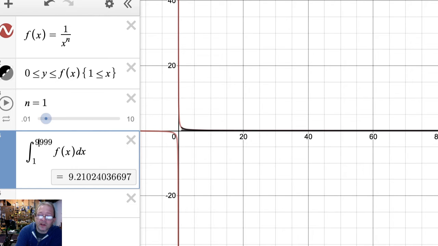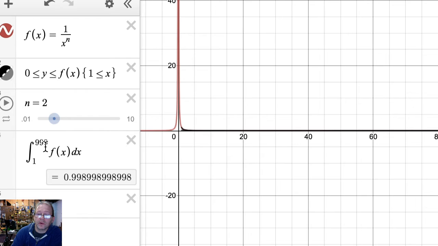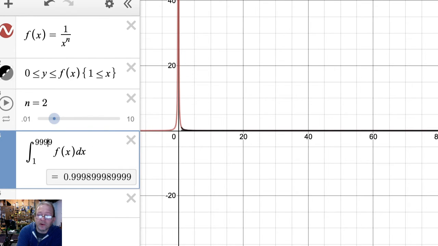If I change this to 2, no matter how big I make this number, it's going to converge. Desmos says undefined, but that's Desmos running into problems. Notice it's getting really close to 1.